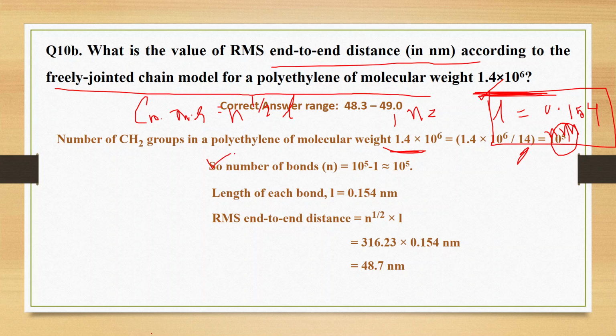The number of bonds, obviously, is n minus 1, which doesn't make a big difference, so it will be around 10 to the power 5 as well. The length of each bond L is 0.154 nanometer. Make sure to remember the value from the previous problem, and then you just have to do n to the power half times L. If you do that, this is supposed to be your answer, and I think most of you got that.